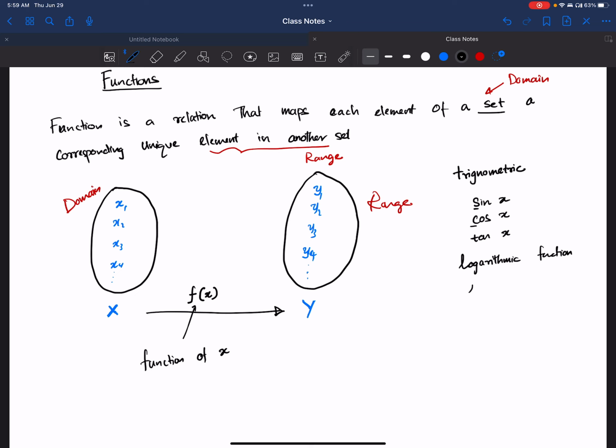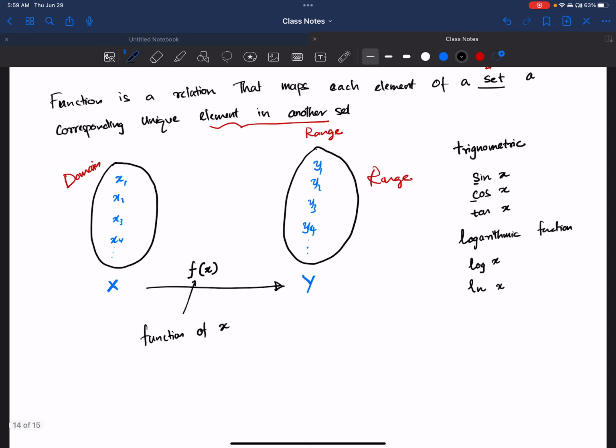The name of the function is log, base 10 log x, and you might have seen ln, natural log of x, right? Again, this independent variable could be anything: instead of x, you can use p, q, whatever you like. And you might have seen exponential functions.